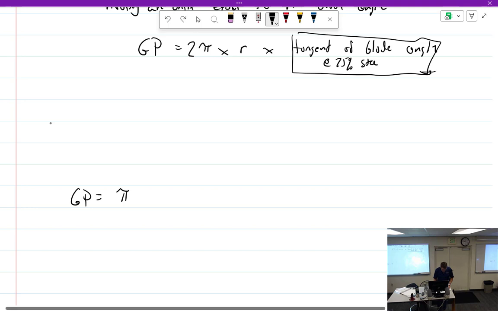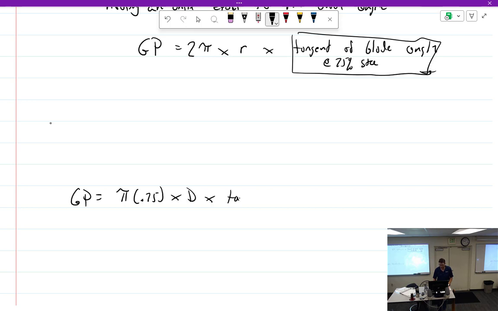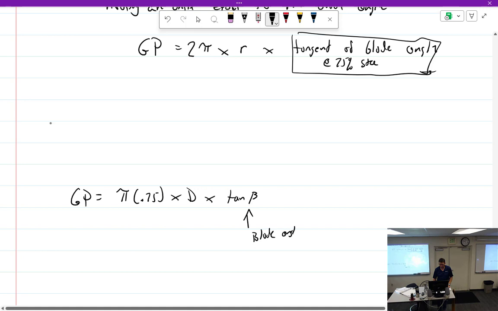It's pi times 0.75 times diameter times tan B, where B is the blade angle at the 75% station, and D is the diameter of the blade.